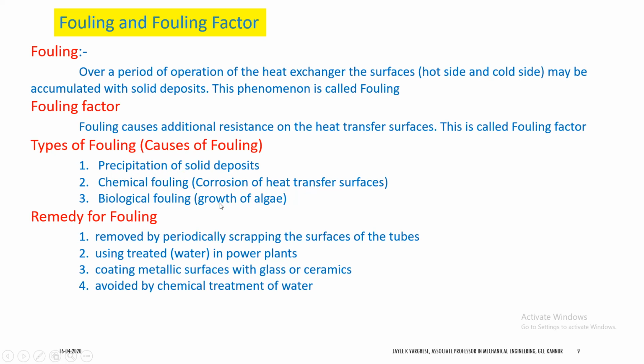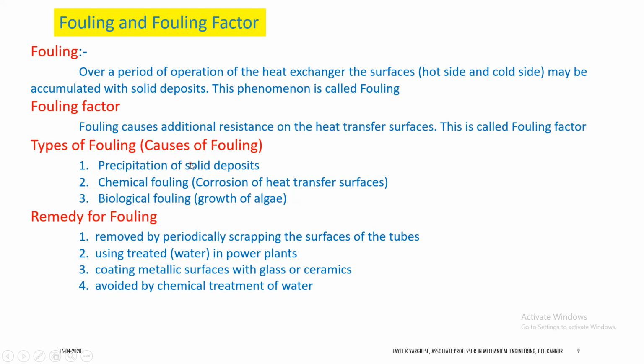Now the third type is biological fouling, due to biological reasons like growth of algae in water, especially at some high temperature. So this is also a deposit. Whatever the type of deposit, all these deposits will cause an increase in resistance, because normally a fresh surface will have only convection, conduction, convection.